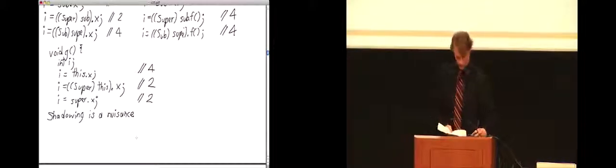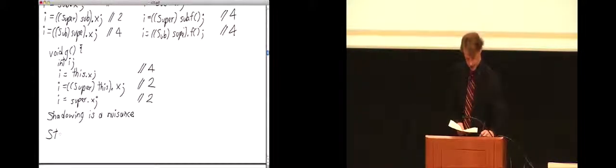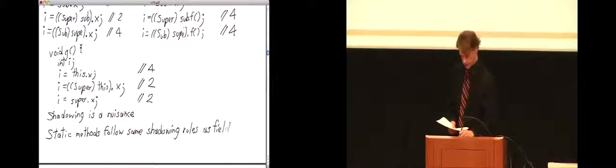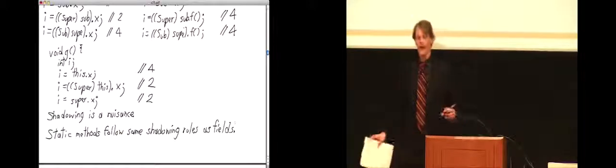It's also worth knowing that what applies to fields also applies to static methods. Static methods do not have overriding. Static methods follow the same shadowing rules as fields do. And you might ask, why?